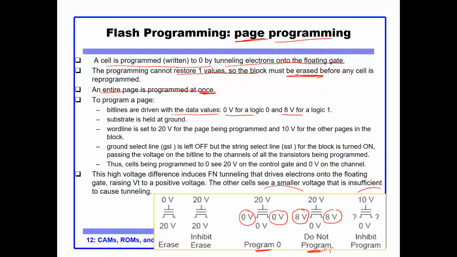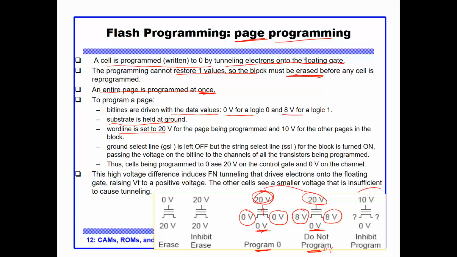The substrate is left at ground, as it shows right here, and then the word line is raised up to 20 volts. This 20 volts, in the case of this page, will cause the electrons to tunnel all the way to the floating gate, raising its voltage.